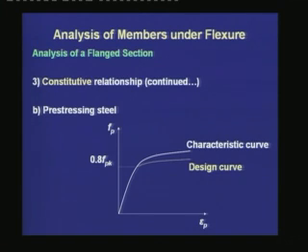This curve also we have seen in the module of material properties, that we have the characteristic curve of the pre-stressing steel, from which we define our design stress strain curve, and this design stress strain curve relates the stress at ultimate with the strain at ultimate of the pre-stressing tendons.